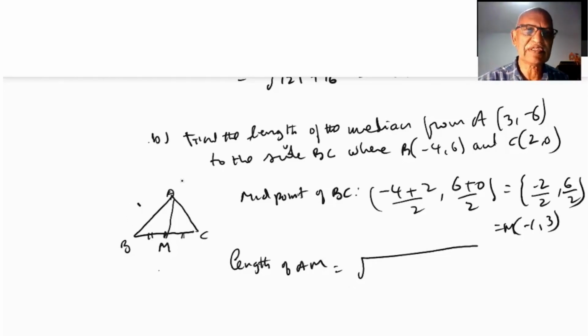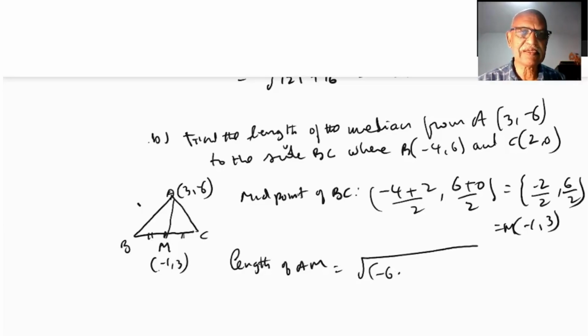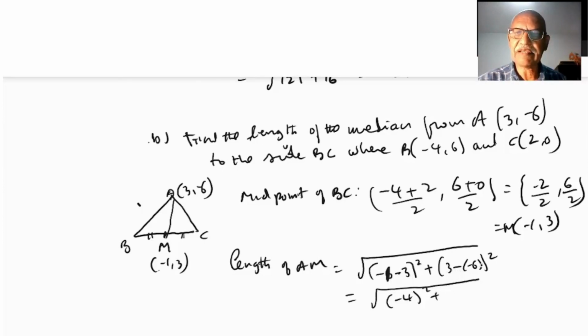Therefore, if this is 3, -6, and M is -1, 3, we are finding the distance from A to M. Therefore, it will be -1 minus 3 square plus 3 minus negative 6 square. This will be equal to square root of -1 minus 3 will be -4 square plus 3 plus 6 is 9, 9 square.